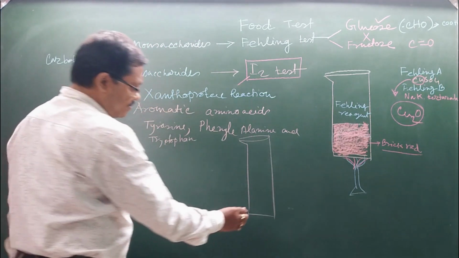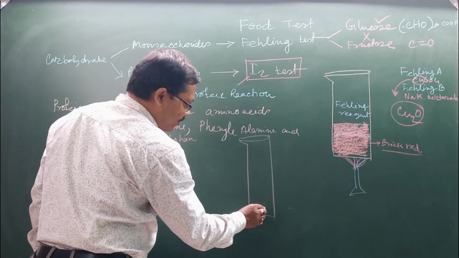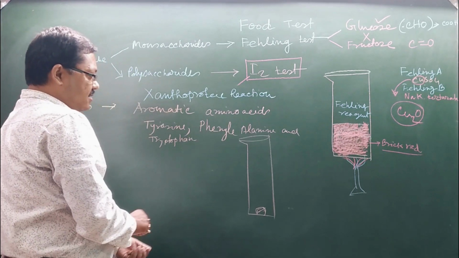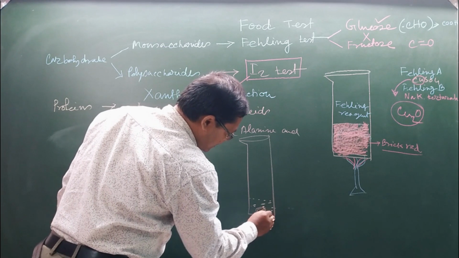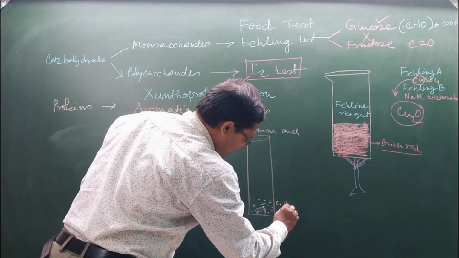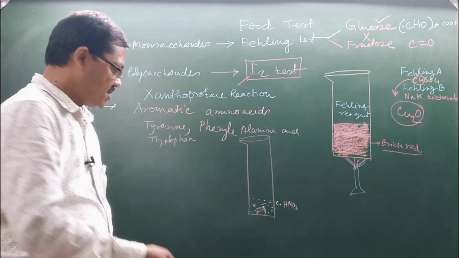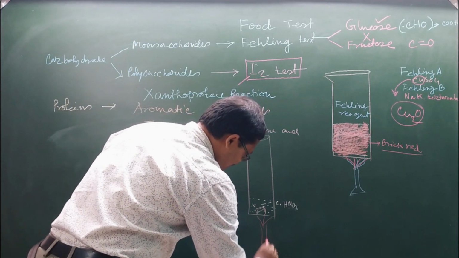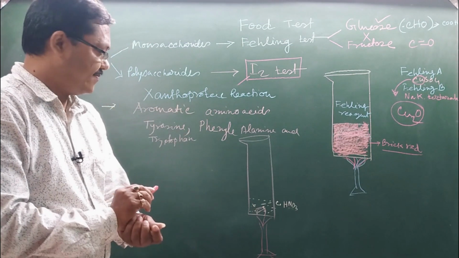In the test tube, some amount of egg albumin, egg white, called albuminous protein, is taken, and concentrated nitric acid is poured drop by drop and heated, and from the lower side apply heat with the Bunsen burner, very cautiously.